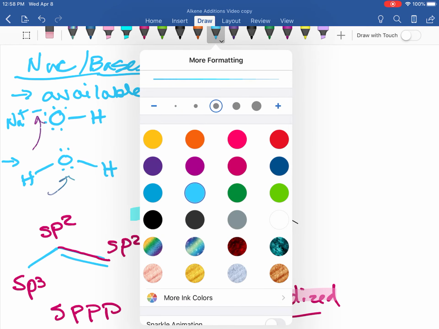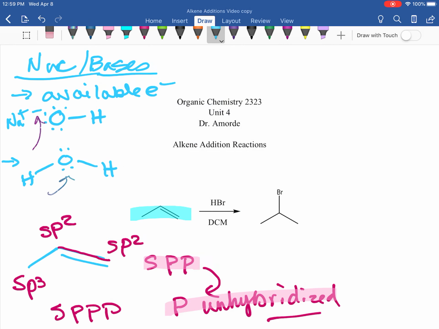No, what that means, space-wise, if we think about our sp2, remember that is something nice and flat. So our sp2 part of that bond is nice and flat. And then if we look at that extra p, our p orbitals were the x, y, and z axis.